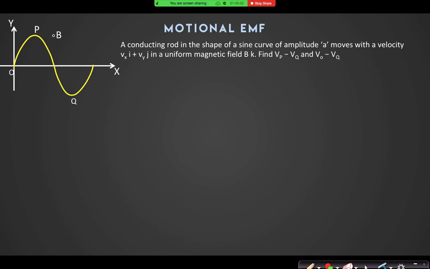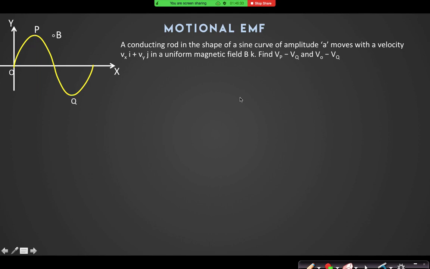Vp minus Vq. In order to find the EMF induced between P and Q, whatever is the EMF induced here, I can consider a closed loop like this. Yes or no?